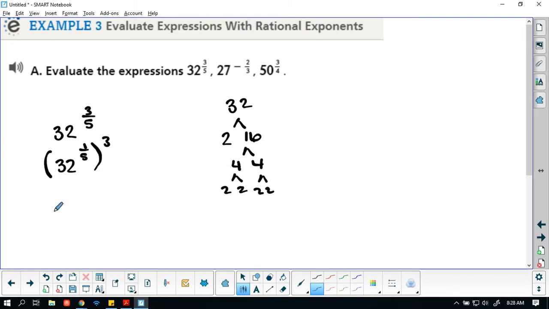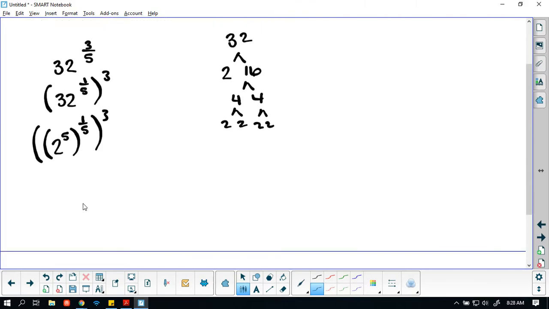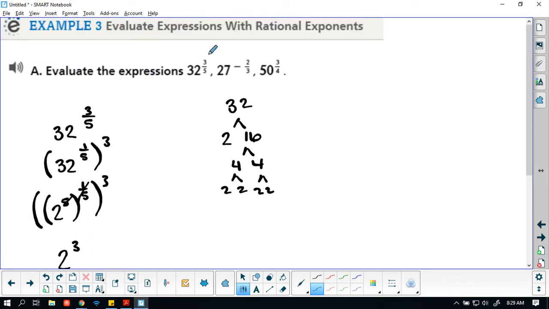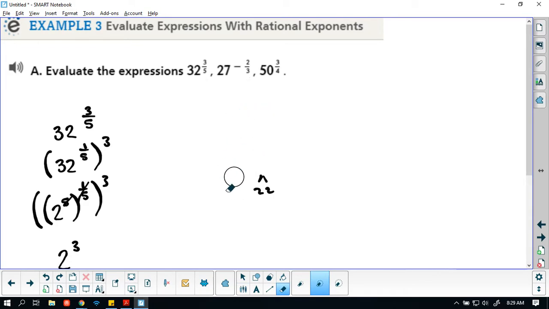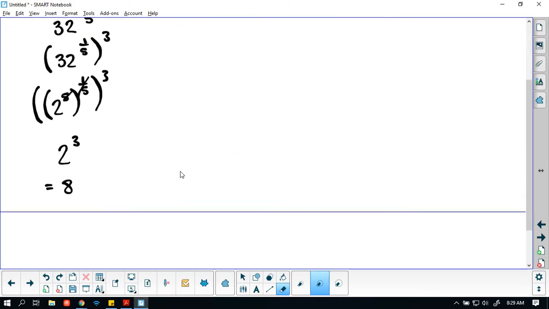So that is 2 to the 5th. So we're looking at 2 to the 5th raised to the 1/5 power, cubed. Essentially, this 5 and this 1/5 will become 1. So we have 2 cubed, and 2 cubed is 8. So my solution for 32 to the 3/5 power is really just 8.